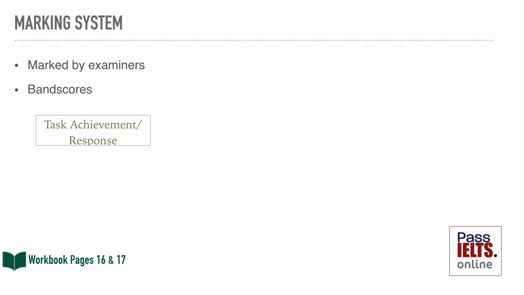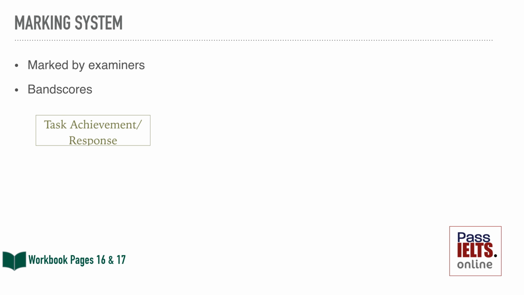Now we will have a look at how the writing section is marked. It is marked by examiners who are trained at the same standard all over the world. They use marking criteria, which is partly accessible for the public. They use this and their training experience to give you a band score.